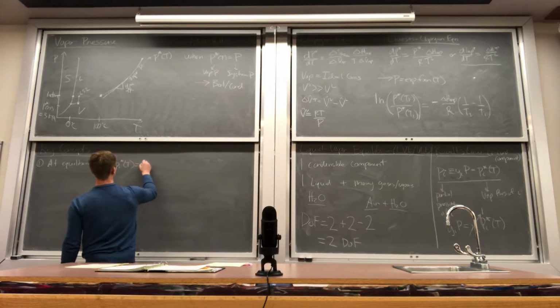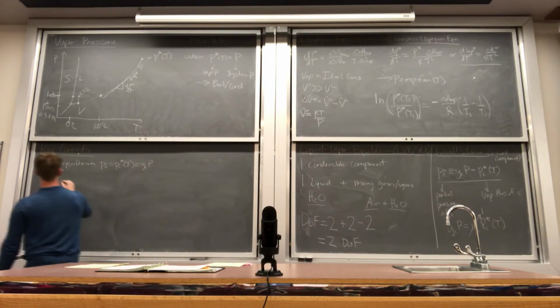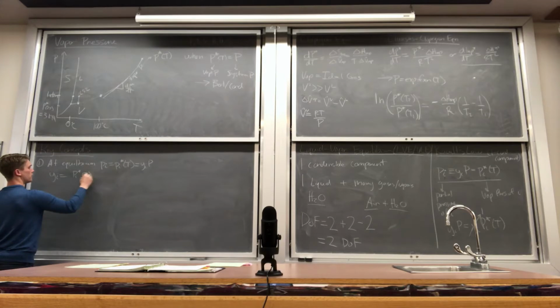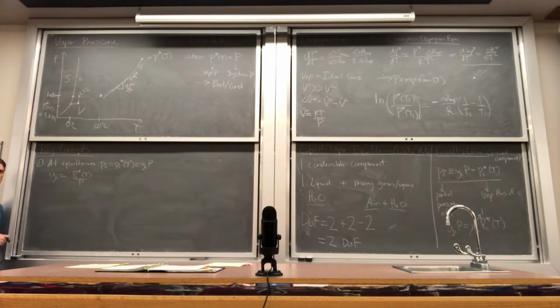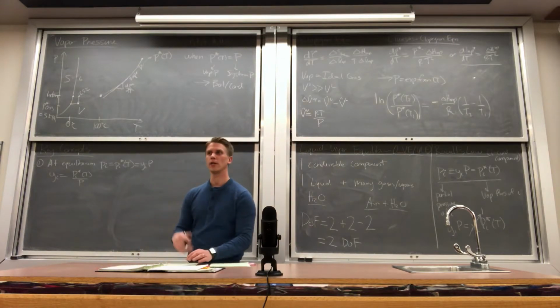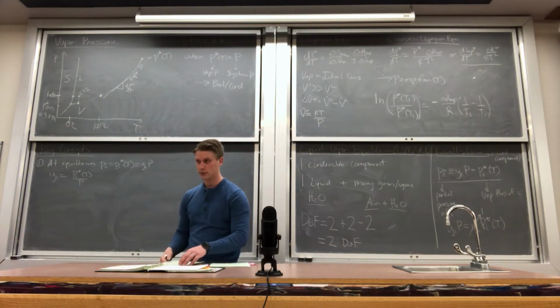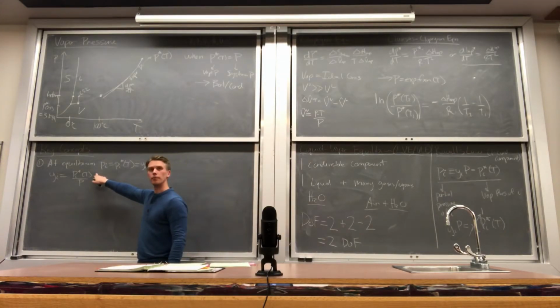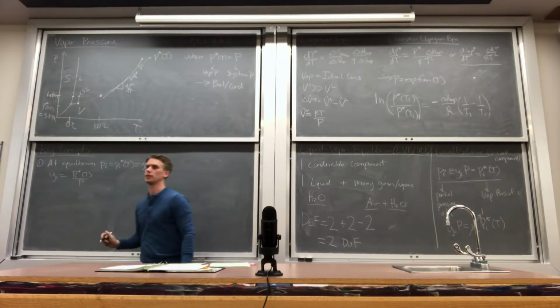This is equal to y_i P. So that means y_i is equal to p_i star of T over P. This tells us how much of a particular compound can evaporate and go into the gas phase or the liquid phase. Right, so the ratio of the vapor pressure and the system pressure tells us what the mole fraction of that component is.